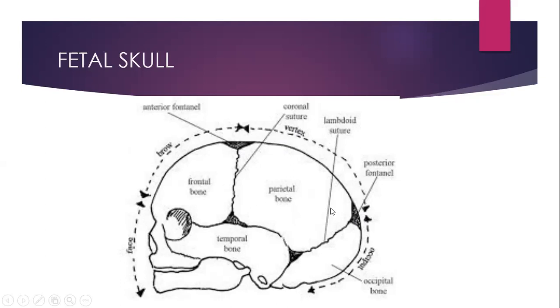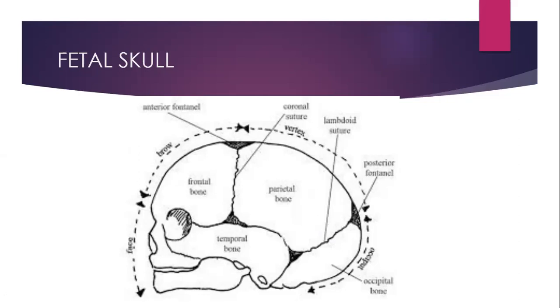Laterally, there is a line passing through the parietal eminence. So that is a vertex presentation: anteriorly by the bregma and the coronal sutures, posteriorly by the lambda and the lambdoid suture, and laterally by the line passing through the parietal eminences.